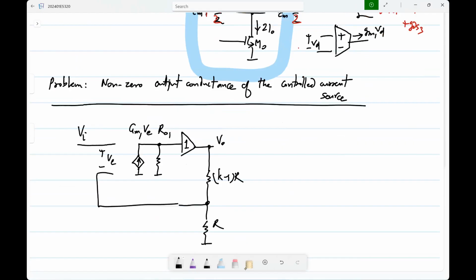So what is the issue here? Fine, we have an output resistance. So what? What happens? Oh yeah, I forgot the integrating capacitance C1. So we have a resistance RO1. So what's the big deal?